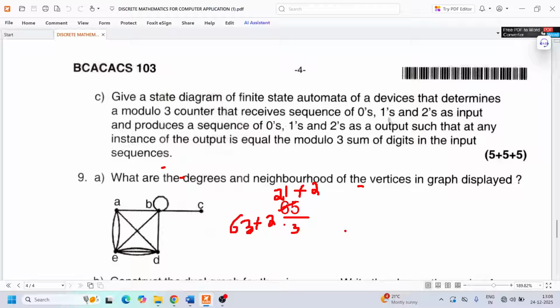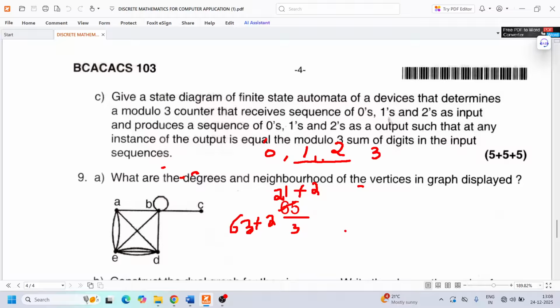So when you divide a number, the remainder that you will get is either 0, or 1, or 2. You won't get anything above this.